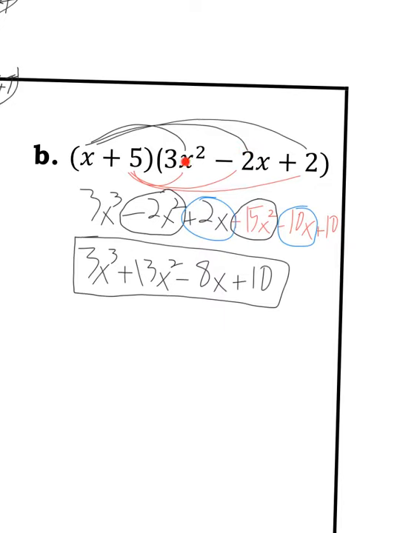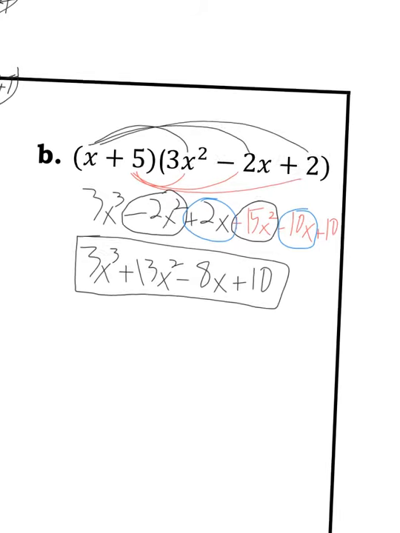And then in red I did 5 times 3x squared is 15x squared, 5 times negative 2x is negative 10x, and 5 times 2 is 10. And so now let's just add like terms. Negative 2x squared, 15x squared is 13x squared. 2x, negative 10x is negative 8x. 3x to the third and 10 don't have like terms, so I wrote them there at the end. And that's all there is to say about that.